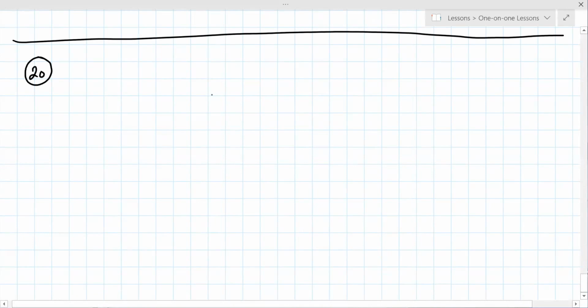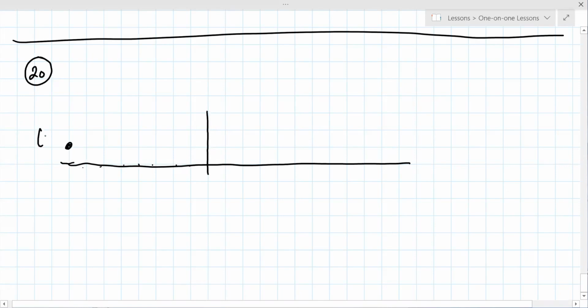So here's my axis right here. -8, 1, 1, 2, 3, 4, 5, 6, 7, 8. So right there's the first point, -8, 1. And the other point is here, 3, 1. A horizontal line contains them.